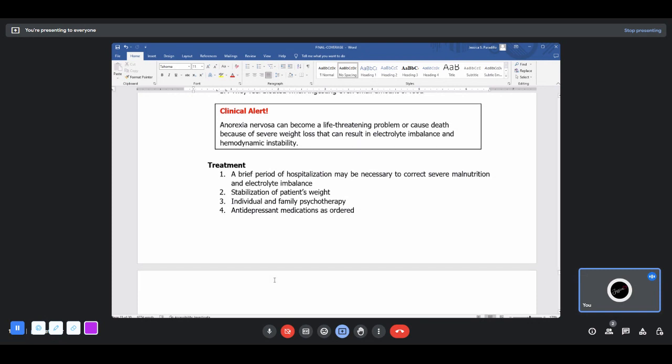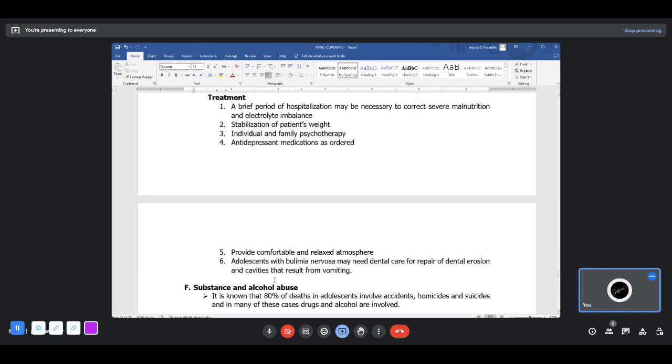For the treatment, okay, a brief period of hospitalization may be necessary to correct severe malnutrition and electrolyte imbalance. Another one is to stabilize the patient's weight, okay, individual and family psychotherapy also, antidepressant medication as ordered, and also provide a comfortable and relaxed atmosphere.